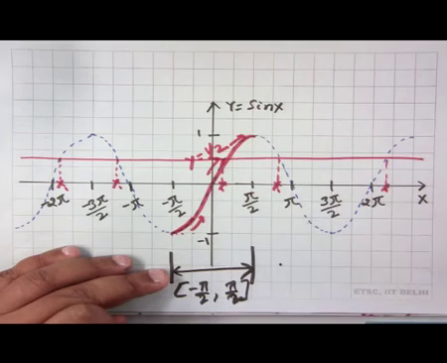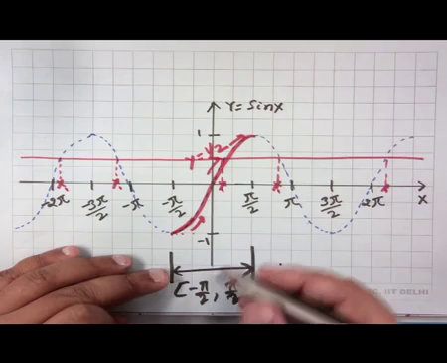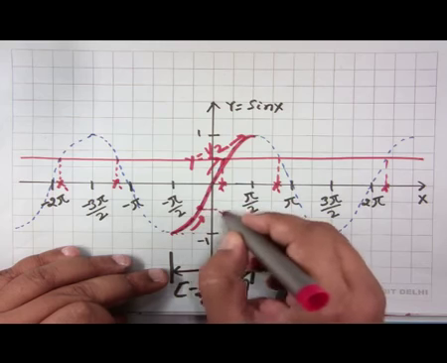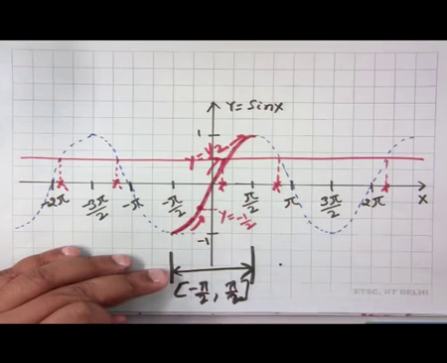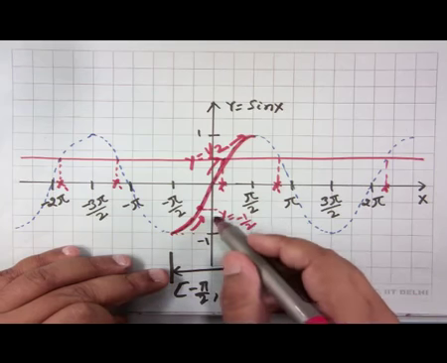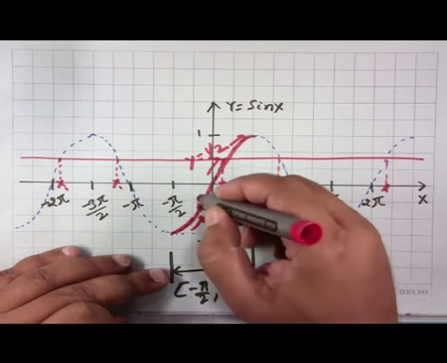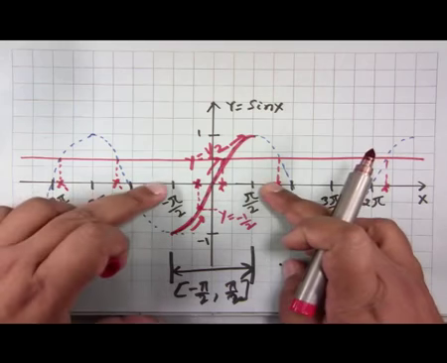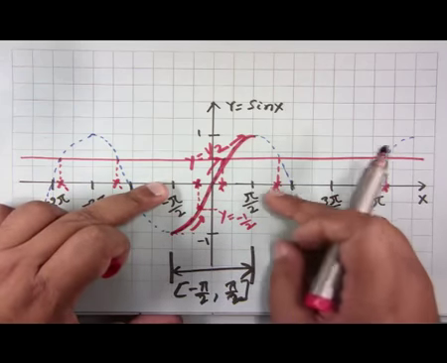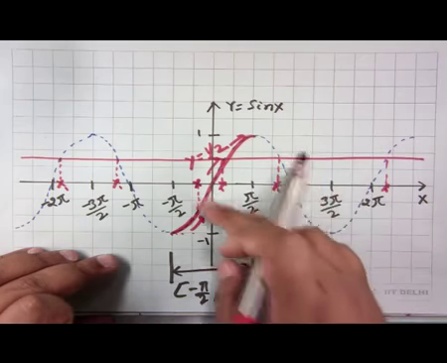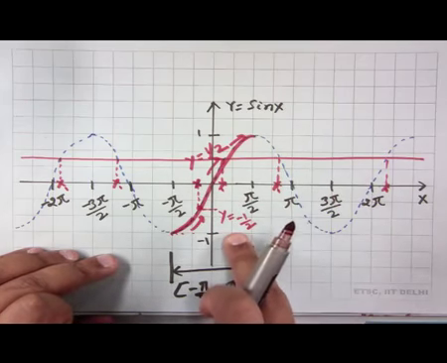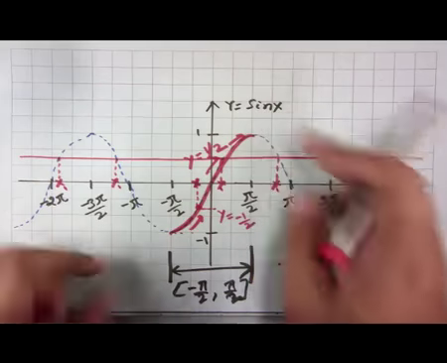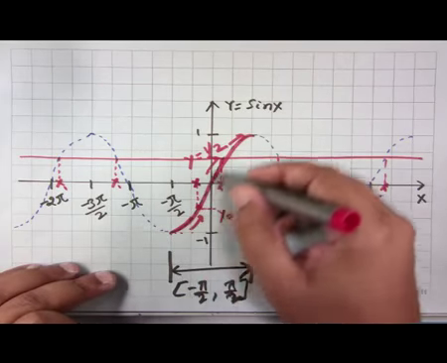Additionally, what we also see is that if we take any value of y in the range -1 to +1, let us say we take y equal to -half, then we see that there is only a unique value of x in this restricted domain such that sine of x is equal to -half, because in this restricted domain, the sin x function is a strictly monotonically increasing function of x.